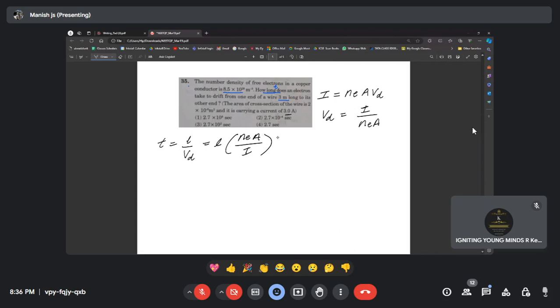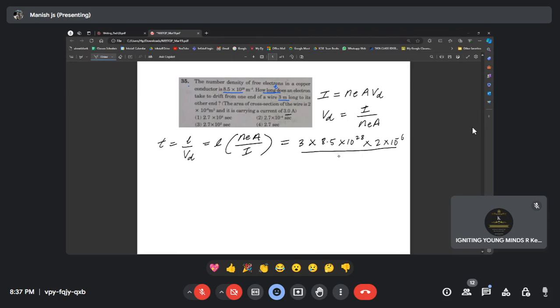Now you should go and substitute the values that we have. What is the length value given in the question? Length is 3, so 3 times number of electrons. Okay, they have given you the number of free electrons also, so 8.5 into 10 power 28. Area of cross section 2 into 10 power minus 6 divided by current.